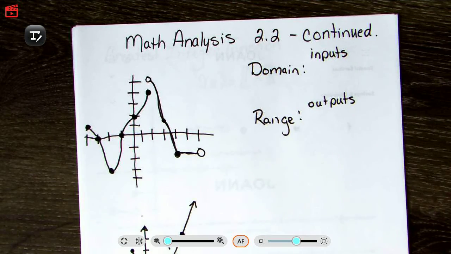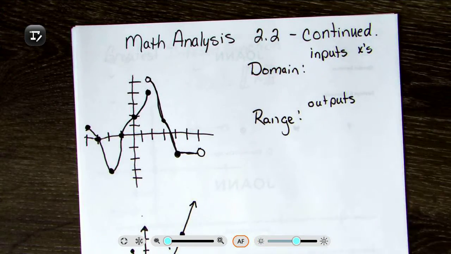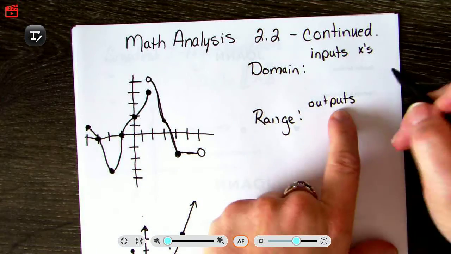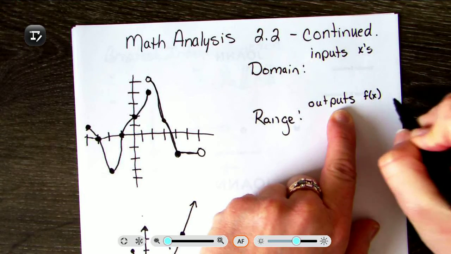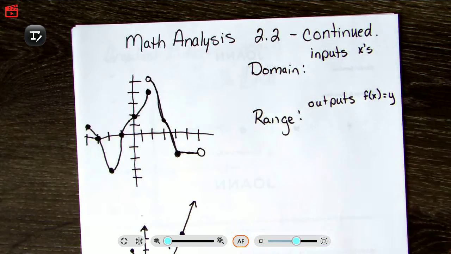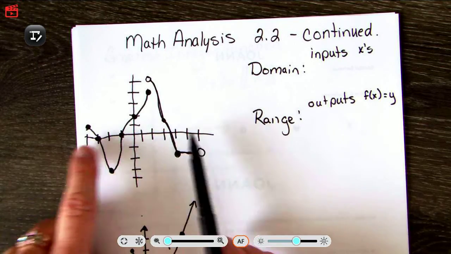I like to think of the domain also as the x's, what we're putting into the functions. The outputs are our f of x's, which when we're talking about a graph are the y's, what's coming out. So when I'm looking for domain, I'm thinking x's, so looking at that x-axis.